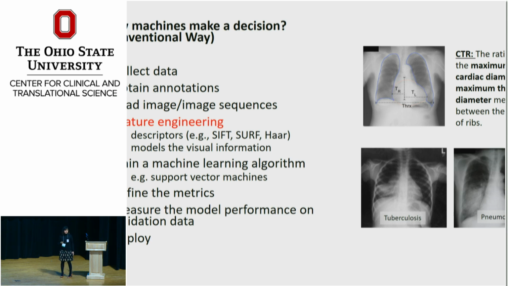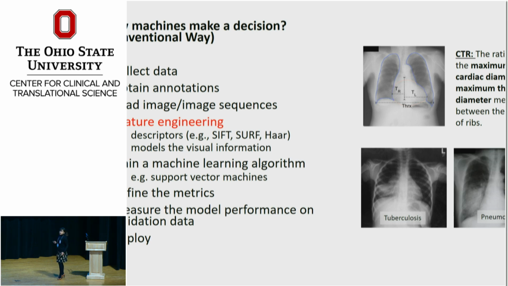In the conventional way, before all this deep learning popularity, we were collecting data, obtaining annotations, reading images, and there is an important stage here, feature engineering, and it directly affects the performance of the whole system. What kind of descriptors you need to choose also depends on the problem that you are working on.